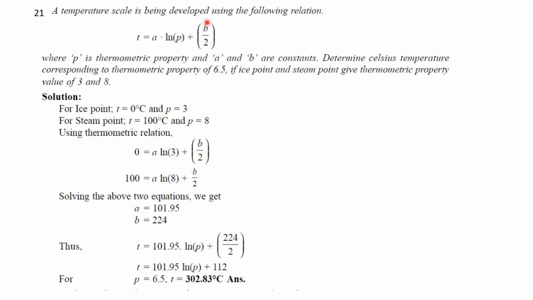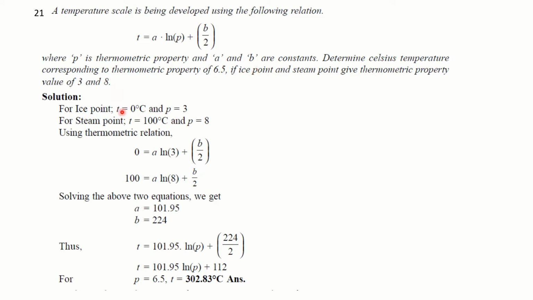A temperature scale is being developed using the following relation. T is equal to A ln of P plus B by 2, where P is thermometric property, A and B are constants. Determine Celsius temperature corresponding to thermometric property of 6.5, if ice point and steam point give thermometric property values of 3 and 8.